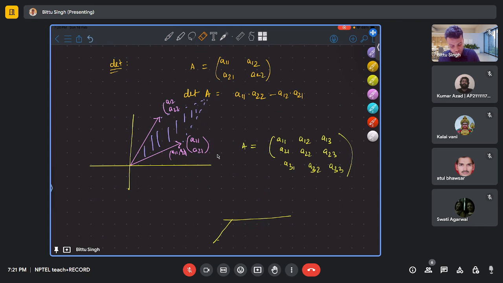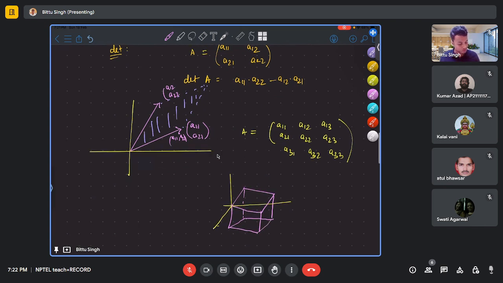It is difficult to draw this. The determinant of A will represent the volume of this three-dimensional thing.